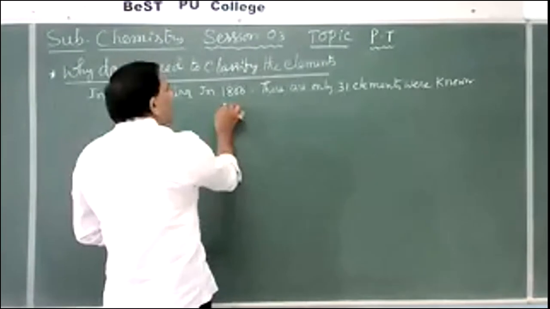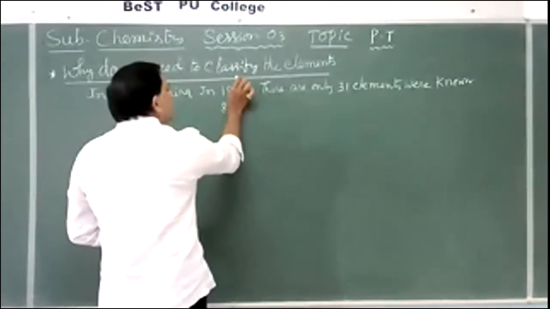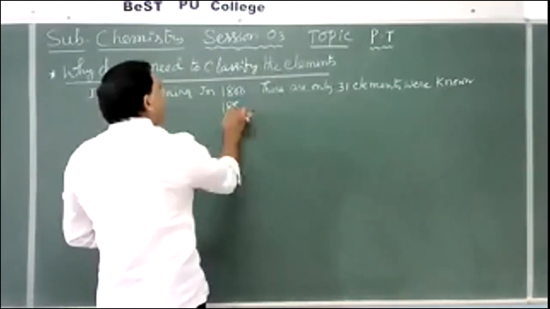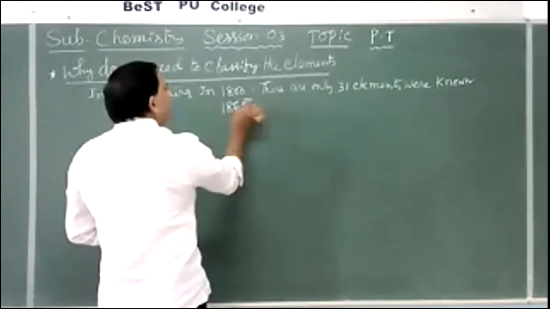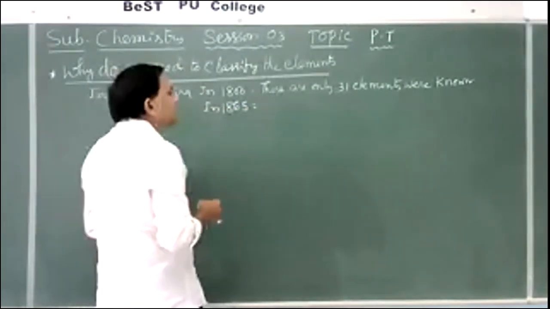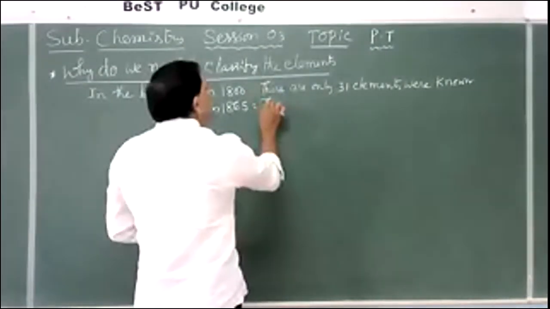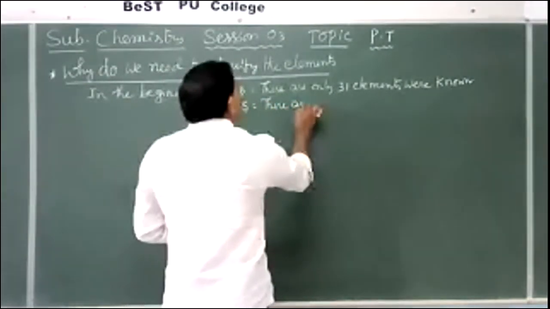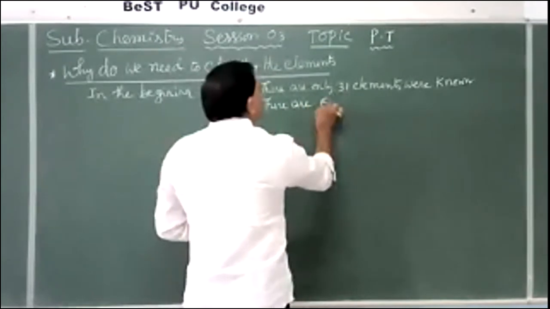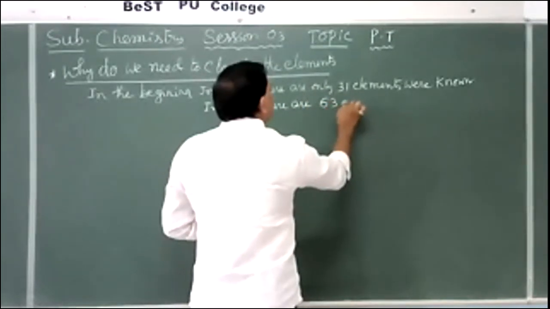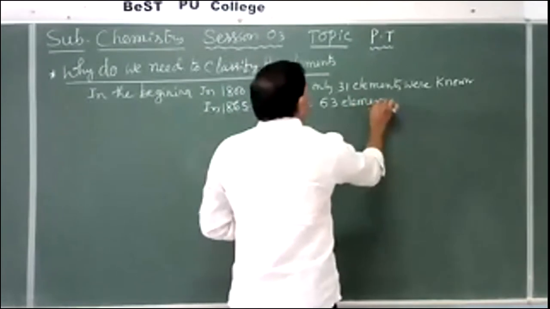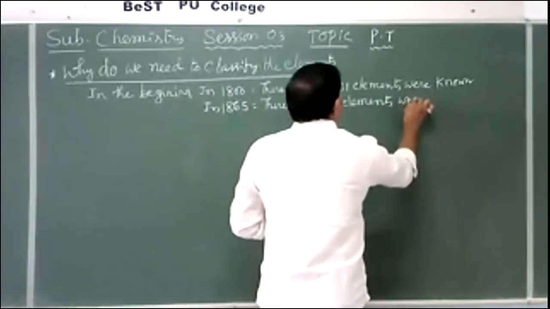In the year 1865, the discovery of elements almost doubled. There were 63 elements known.